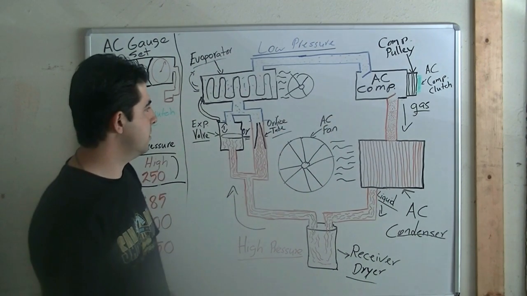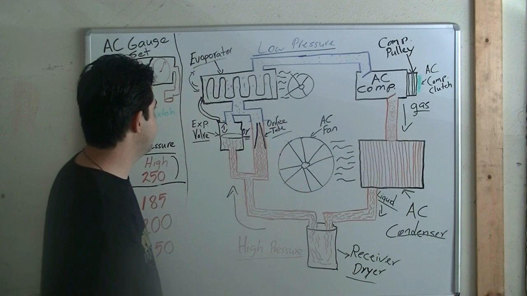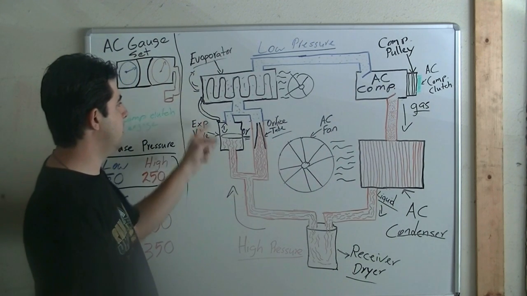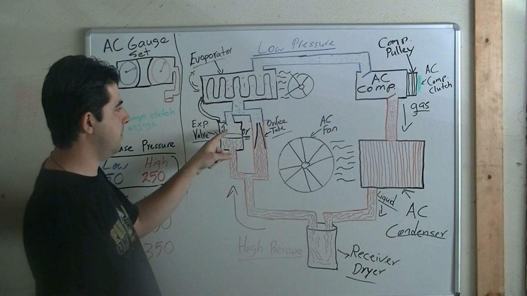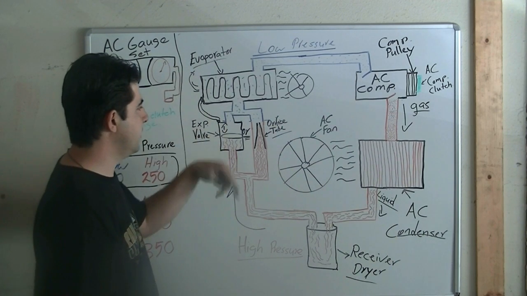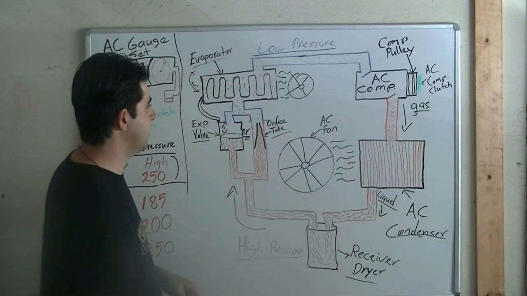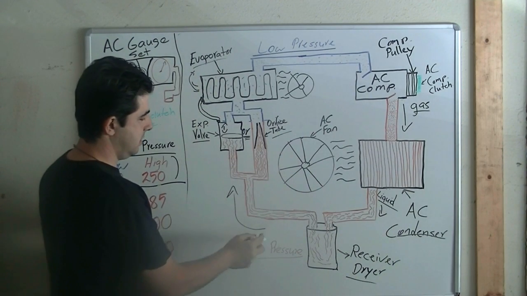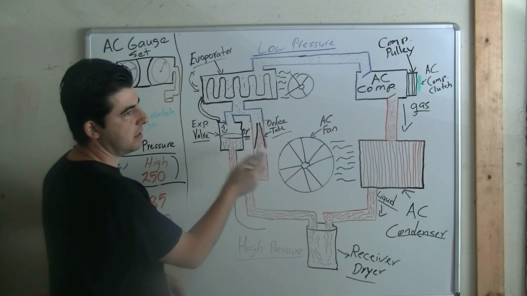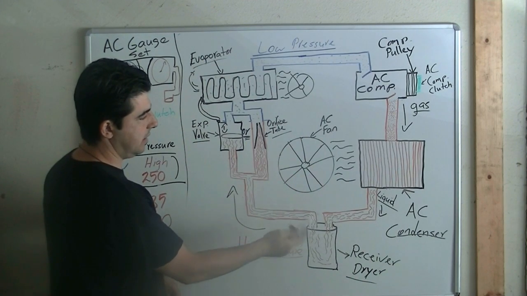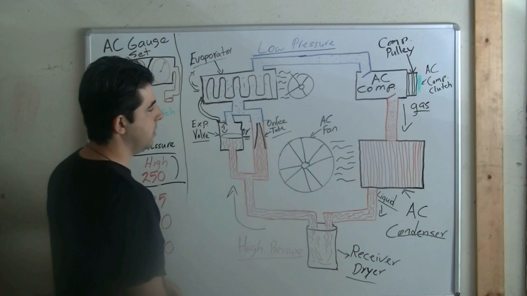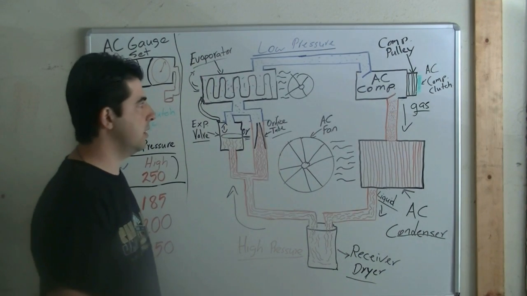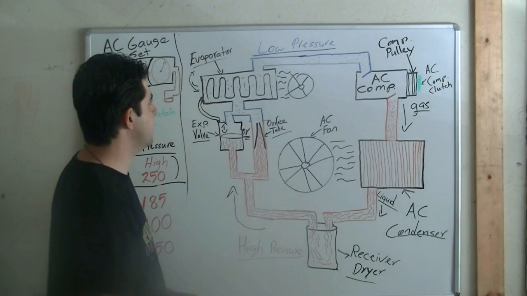If you have an expansion valve, that's done automatically by moving the diaphragm up and down. That's one of the reasons it's so important these don't get clogged up, because they're easily clogged if you get any contaminants in there and your receiver dryer is not working, and then your system stops working.